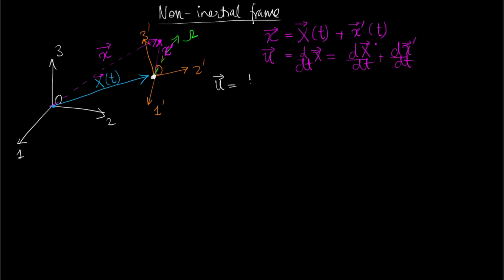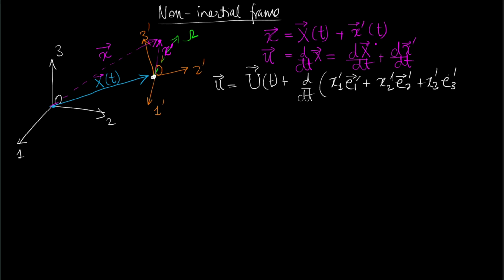So this will be, say, capital U plus, now this particular term is d/dt of x1 prime e1 prime vector plus x2 prime e2 prime vector plus x3 prime e3 prime vector, where x1 prime, x2 prime and x3 prime are the components of x in the non-inertial frame. Okay, they are simply projections in the non-inertial frame.